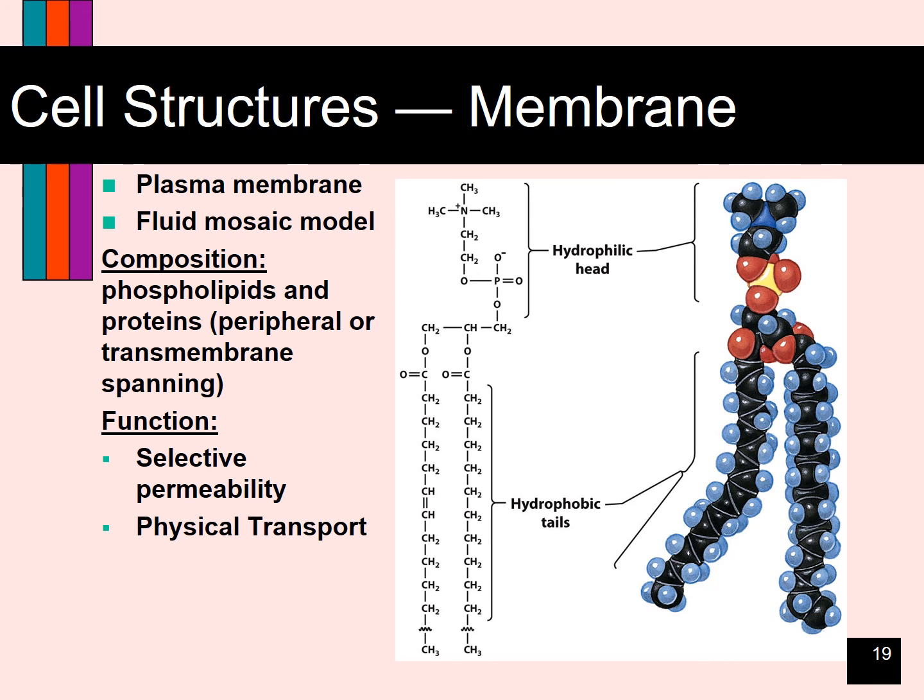And those other things that don't easily move through the membrane, you might need to have some type of transport protein, or some type of carrier protein, to be able to move that substance into the cell.